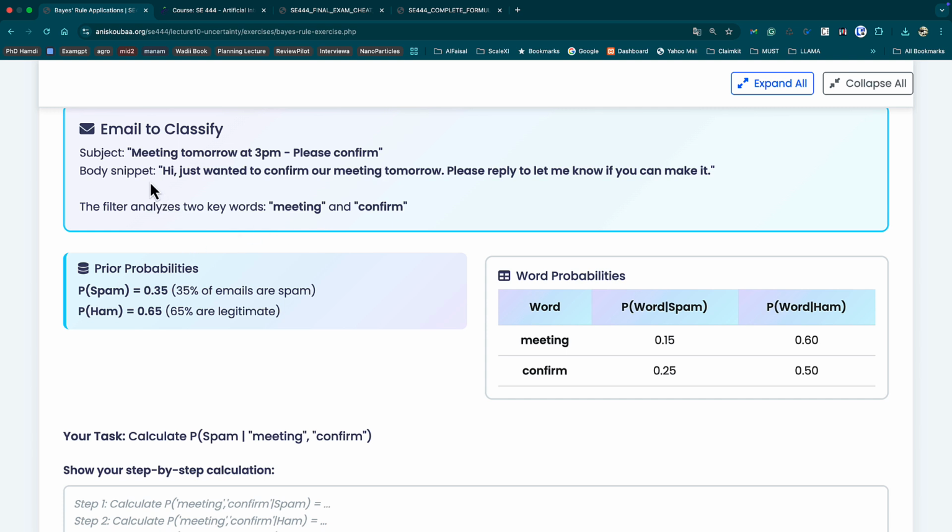Here we have two words that can infer whether it's spam or not. We give you the CPTs here and the prior probabilities here. Try to follow the same steps that you did before, and give me the number that you find. Now you need to work in groups and try to solve it step by step.